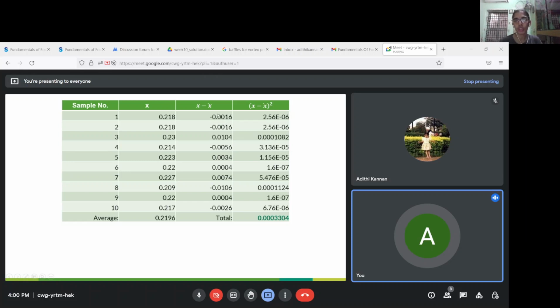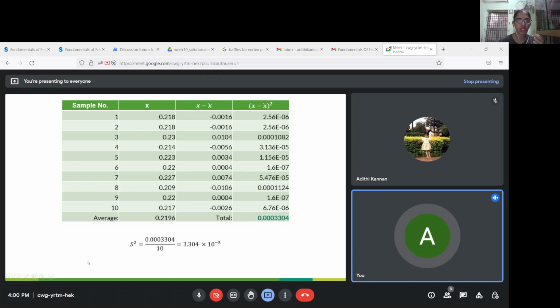So you will do a square of all the values that are present in column 3 and you will place it in column 4. So the summation of this is your i equal to 1 to n, x minus x bar the whole square. If you add all these values, you get 0.003304. So this is the numerator of your s square, the summation of x minus x bar the whole square.